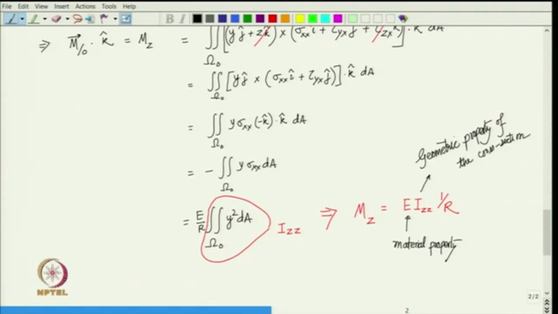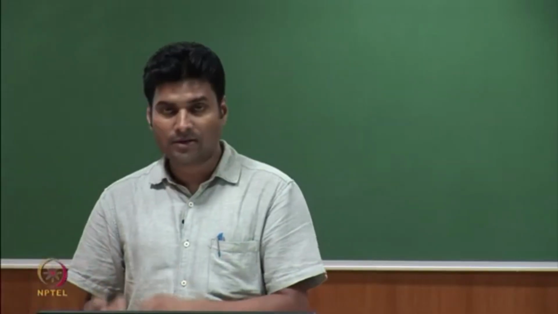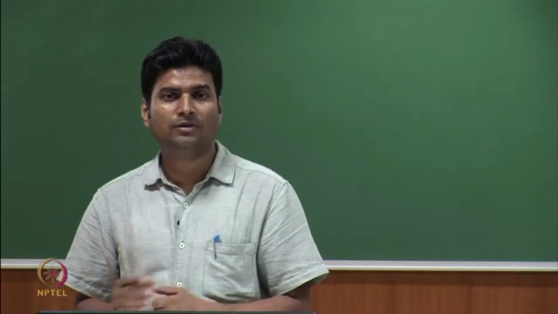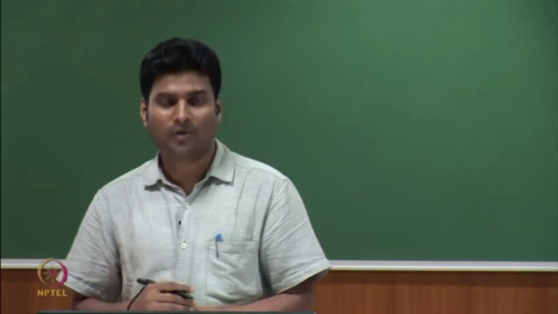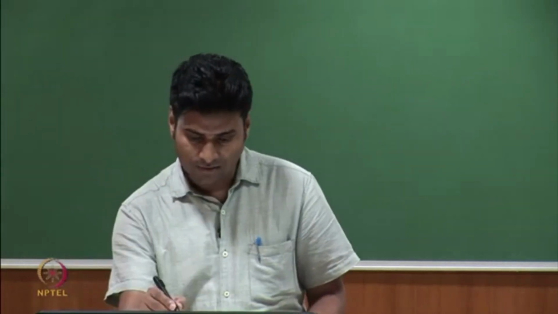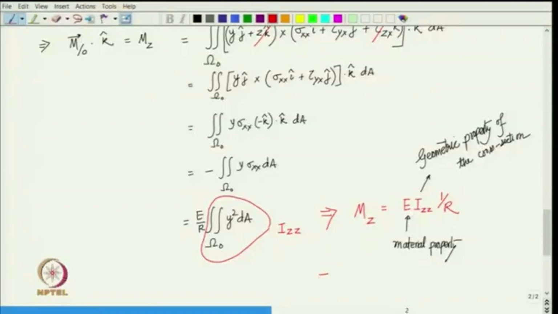So, depending on what moment we have applied at the two ends of the beam, the radius of curvature that gets generated is given by this formula. This simply tells us that the radius of curvature big R is equal to E I z z over the bending moment m z.